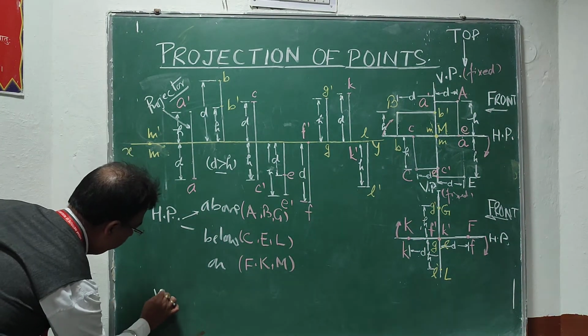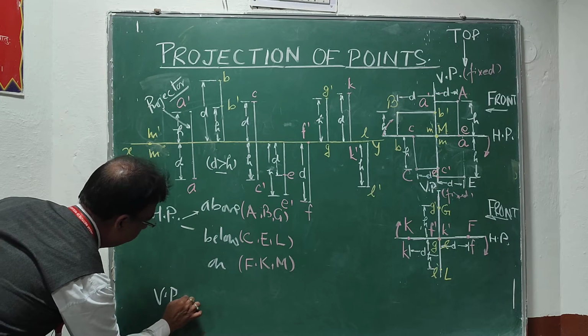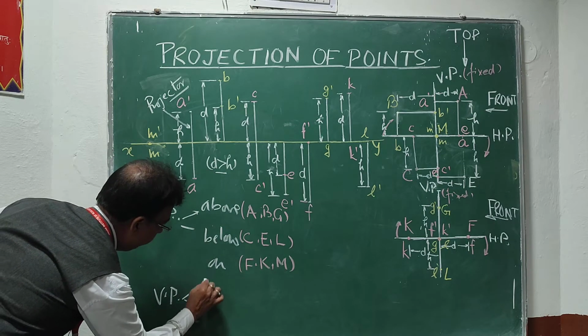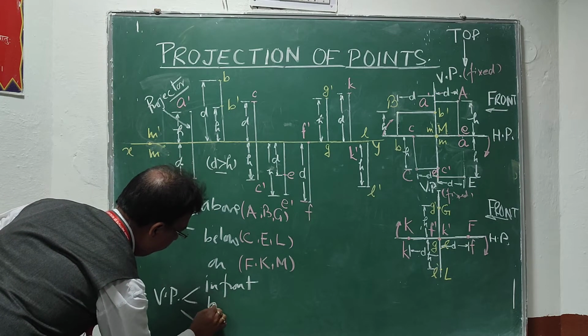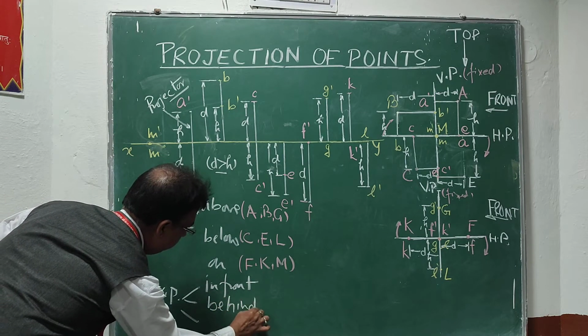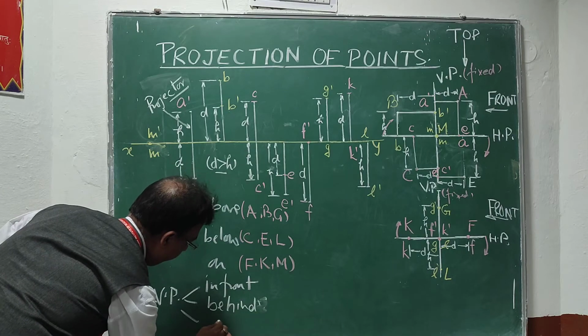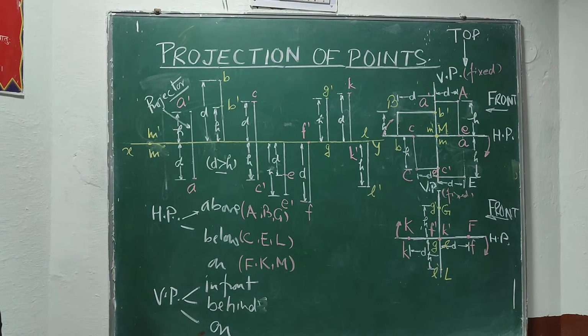Same way, if I talk with reference to VP, a point can be in front of VP, behind VP or maybe on the VP. 3 possibilities are there.